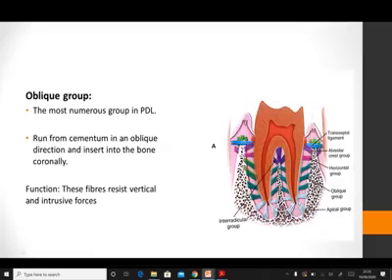These fibers resist vertical forces on the tooth and intrusive forces on the tooth. Any force in the vertical axis and any sort of force that would force the tooth within the socket, the intrusive forces.